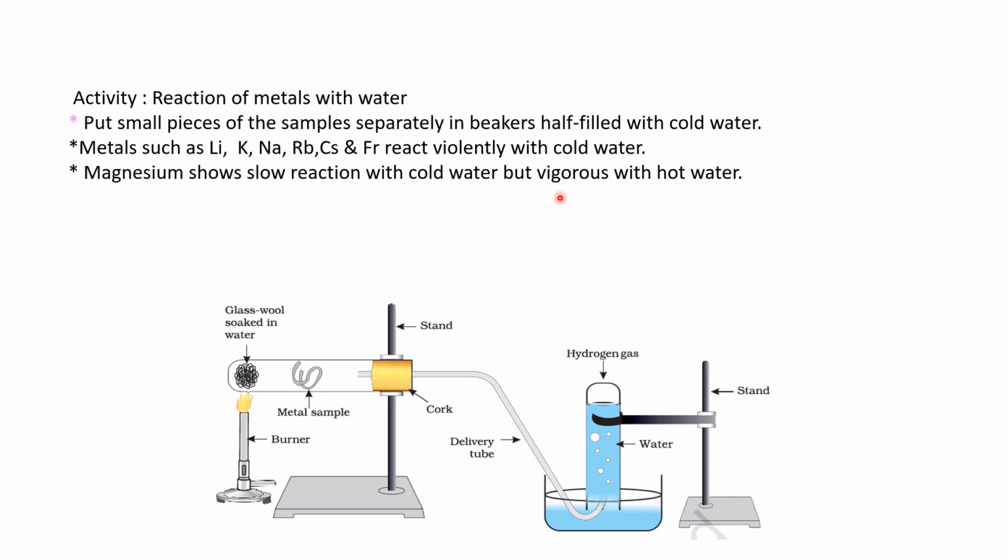So even here there is a variation in the reaction of metals with water. The reaction rates of metals with water change from one to another. So you can say that metals like lithium, sodium, potassium, rubidium, cesium and francium are vigorous with cold water, whereas magnesium is slow in reaction with cold water but very vigorous with hot water.